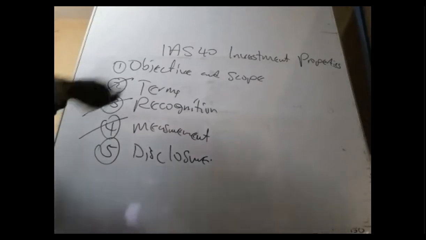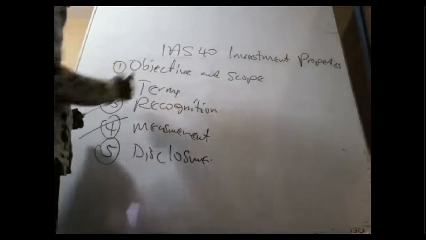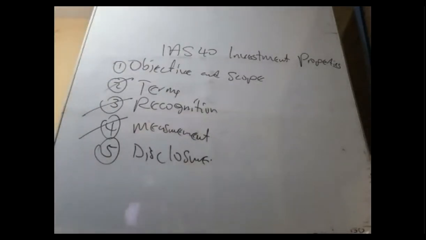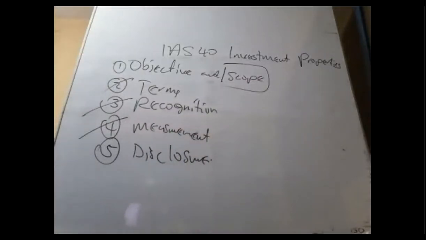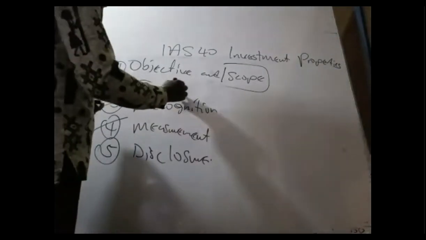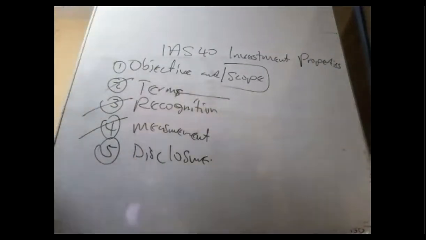So I'll go straight. The objective of this standard is to prescribe the correct accounting treatment of investment property. Scope, we'll look at the scope as the examples. So I'll go straight to the terms. The first thing is to define the investment property and other terms stated in the standard.